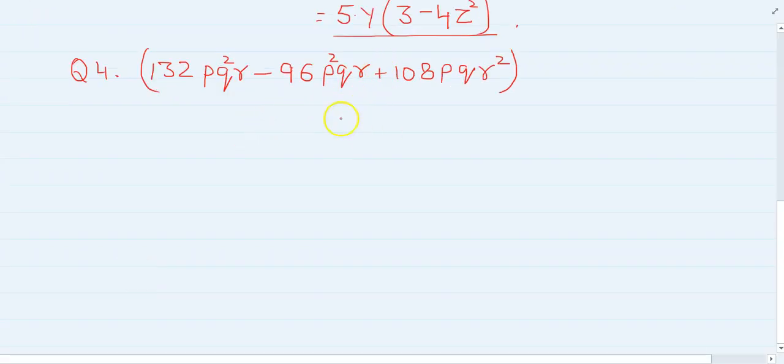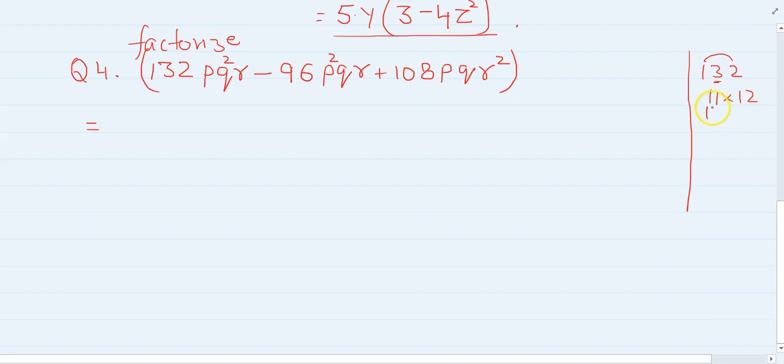Now our next question is, we have to factorize 132pq²r - 96p²qr + 108pqr². So let's try to factorize 132. It is a multiple of 11, so it is 11 multiplied by 12.